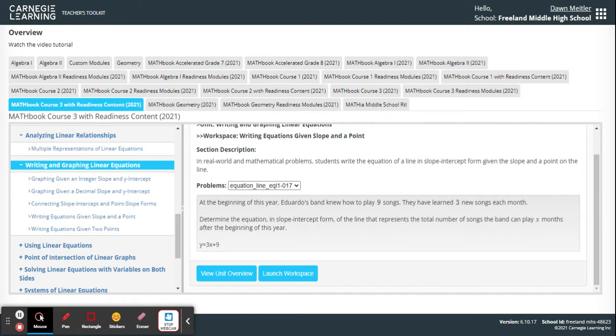Then it says at the beginning of the year, they knew 9 songs. So I'm going to put the ordered pair 0, 9. Hit enter. Then I go over here and I type in just like I did before. So it's y minus y1, which is 9, equals our slope, which is 3, times x minus 0. So I get to this equation.